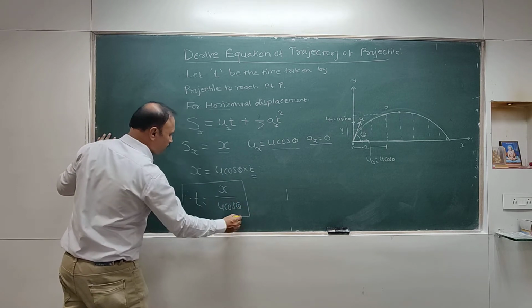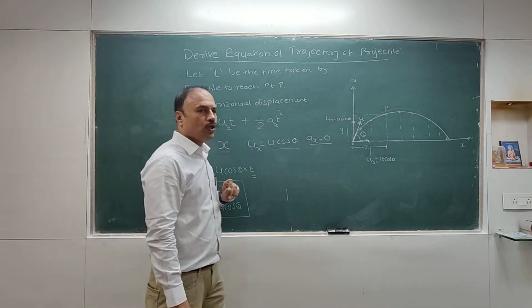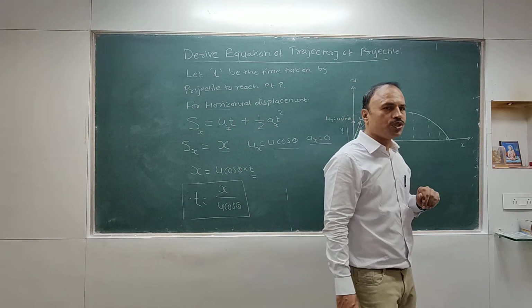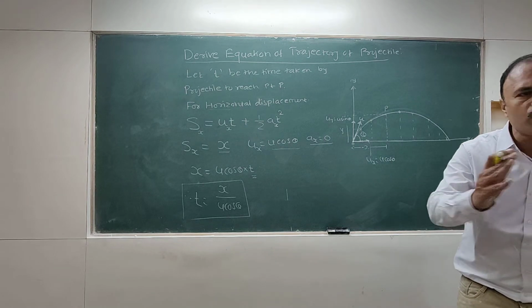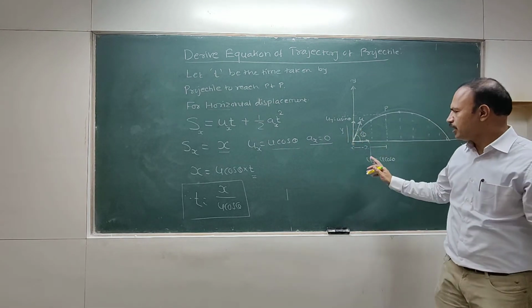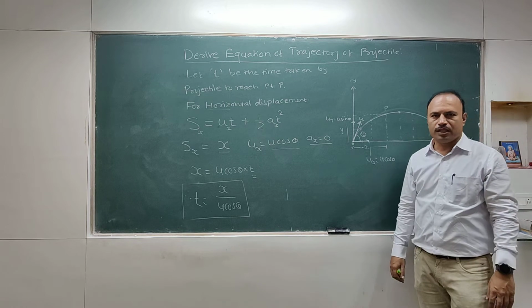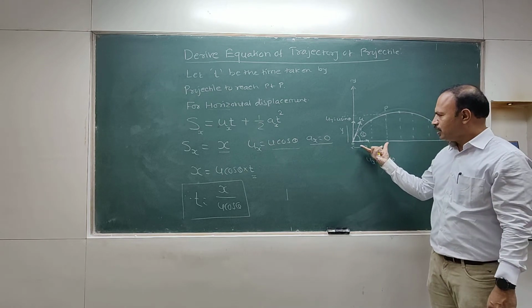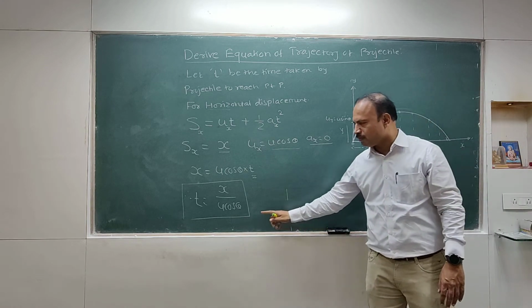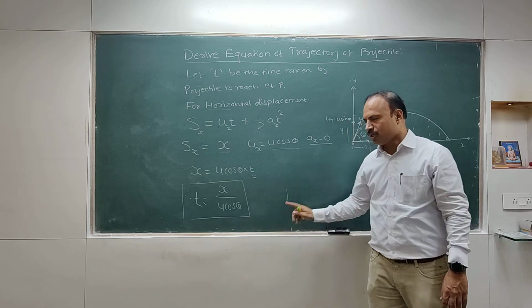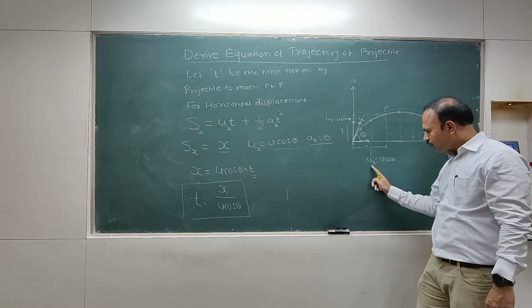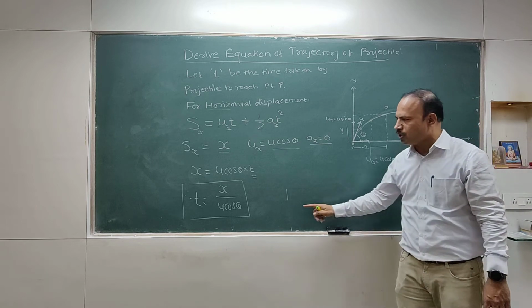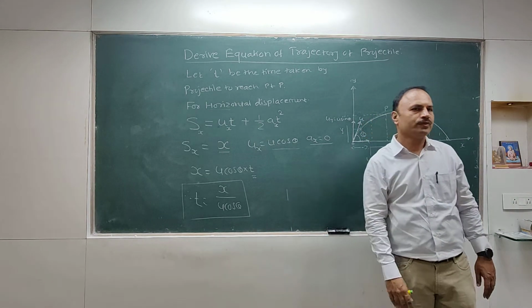Is the first step clear? Yes. So we got the time taken by the projectile to reach point P, means to perform a horizontal displacement x. It is actually distance divided by speed. We took the horizontal distance and divided it by only the horizontal component.